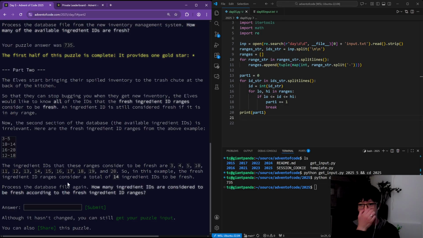We just gotta merge the ranges, which still isn't that hard. We can sort them. Wait, we sort them, which is fine.